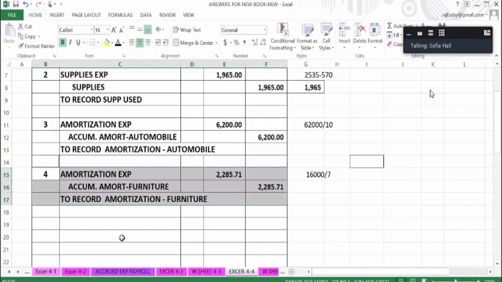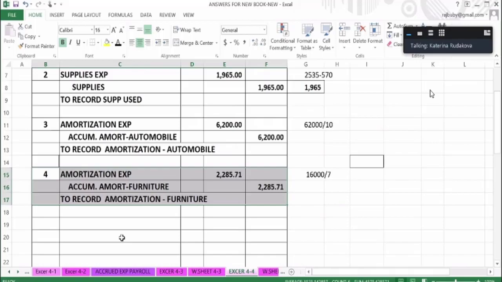In the trial balance, you can see those accounts, right? Under automobile, there is accumulated depreciation automobile. Under furniture also, you have accumulated depreciation of office furniture. Those accounts, you have to use them.